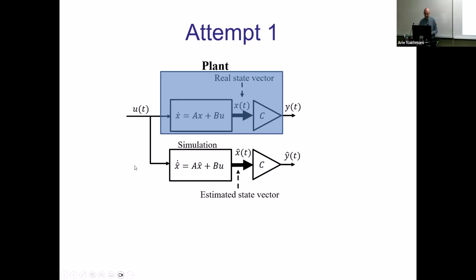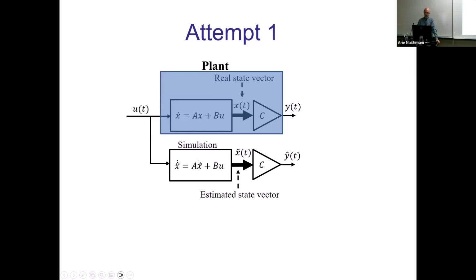And this is our first attempt. So let's say this is the simulation and this is the real plant. The real plant is a black box, you cannot touch it inside. You can measure only outputs of the system and you can deliver some inputs to the system to control it somehow, right? So in my first attempt, I know A, B, C, and I ignore D. D equals 0 in that case, for simplicity.